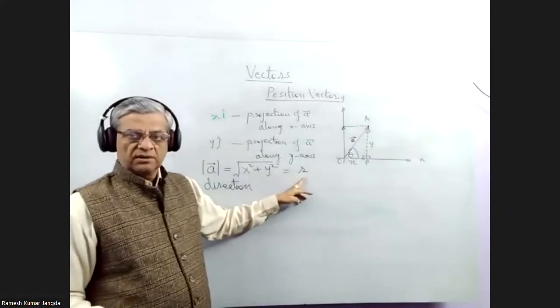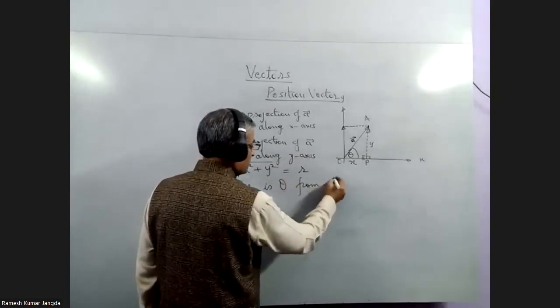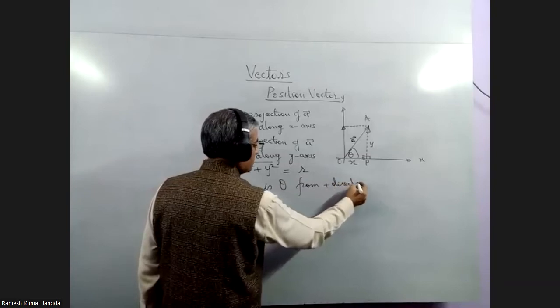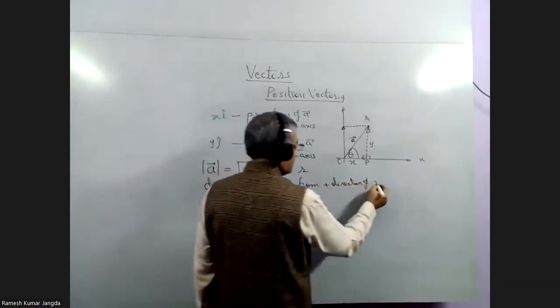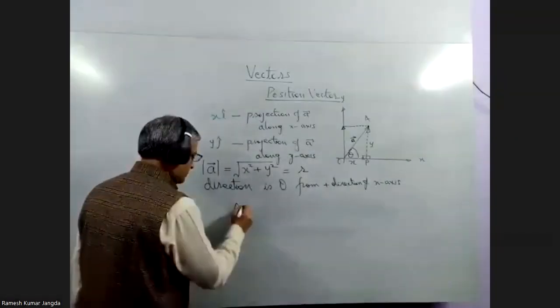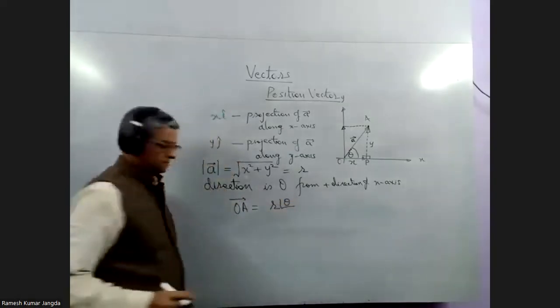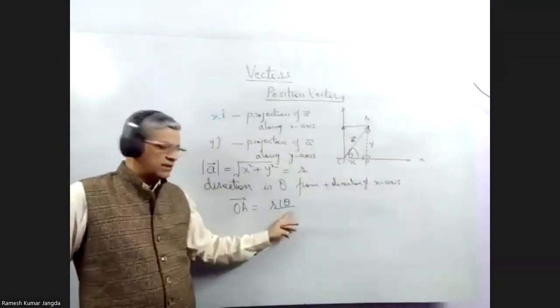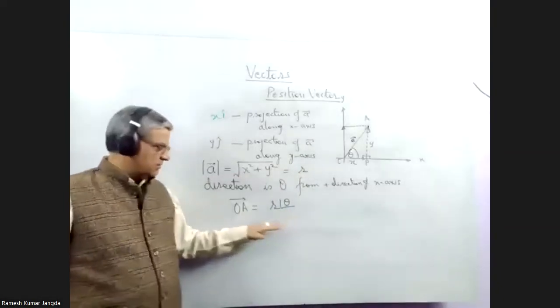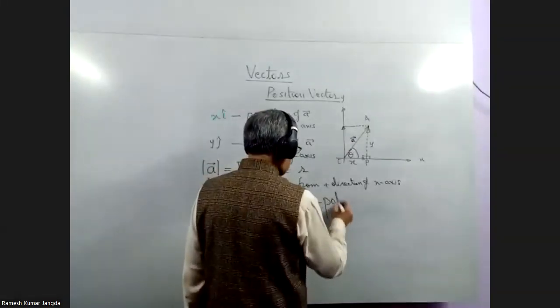So direction is theta from positive direction of x-axis. Okay, so we also write vector OA as r angle theta. So the same vector, magnitude and direction can also be given like this. And when we write a vector like this, it is called polar form of vector.